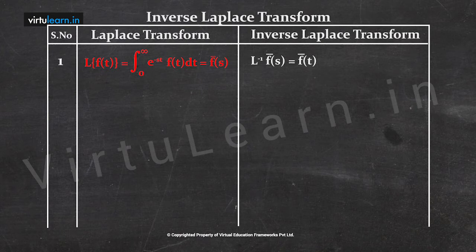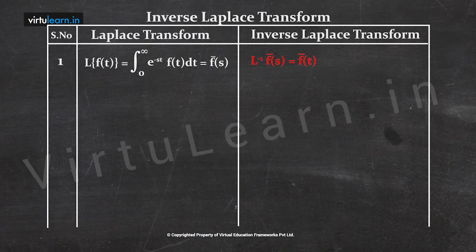If you want to write inverse Laplace transform formulas, you have to create them from the Laplace transforms only. Here L of f of t equal to f bar of s in this definition. Then you send L to that side. When L is multiplying here and you send it to that side, it becomes 1 by L. 1 by L means L inverse. Therefore, I am applying the same concept here: L inverse of f bar of s equal to f of t.